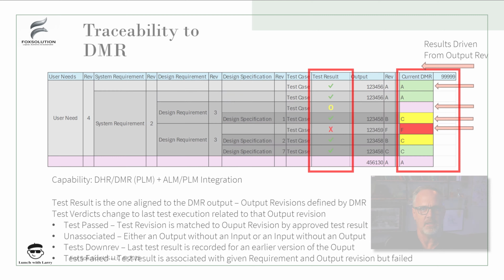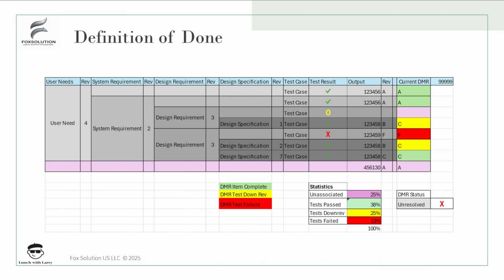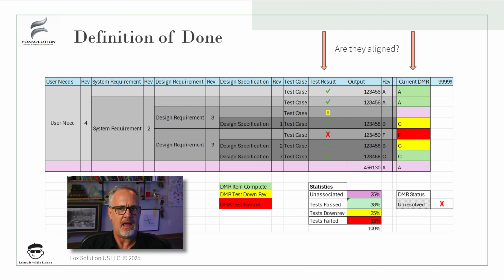So what we'd really like to do is get to a report that shows the relationships between all these things. And now we understand, is the current DMR aligned with the test result or not? Not only that, from a workflow standpoint, how many have passed, how many are down rev, how many have failed?